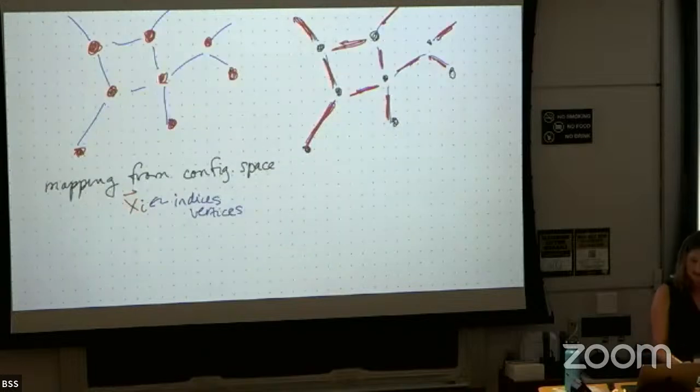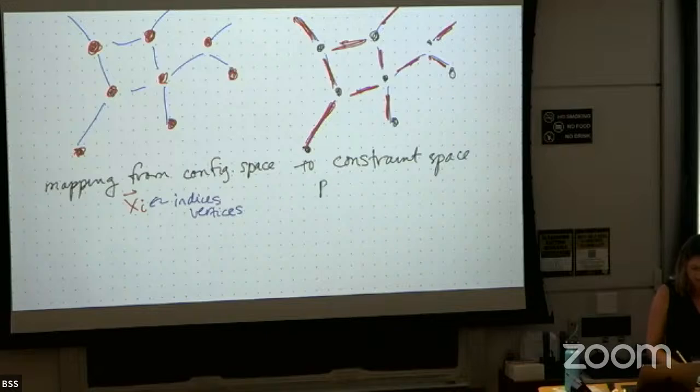Over on this side, we're going to have a mapping to constraint space, parameterized by bond vectors. Those bond vectors, I'm going to call them L sub alphas.